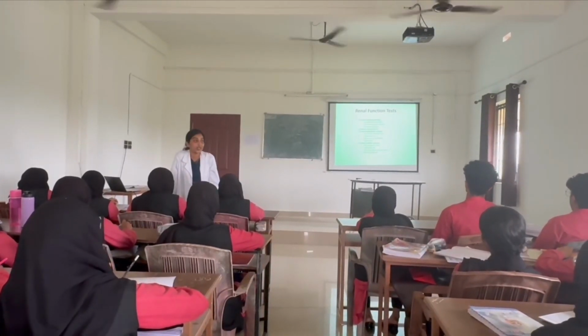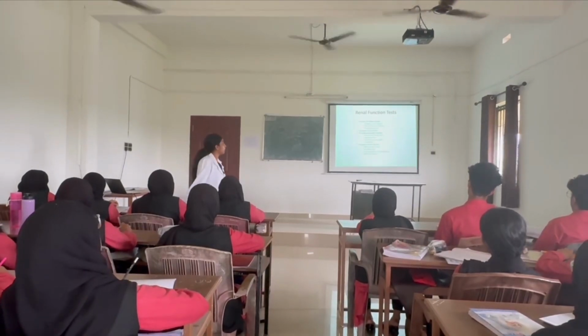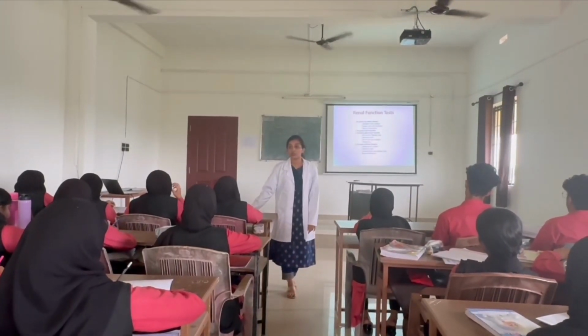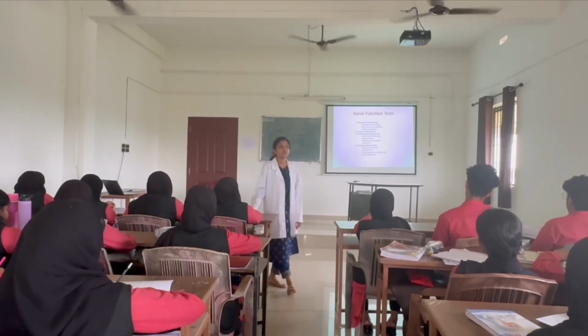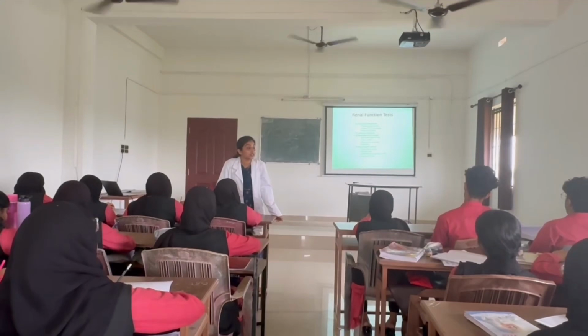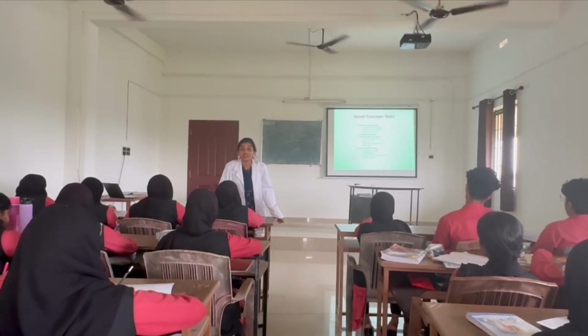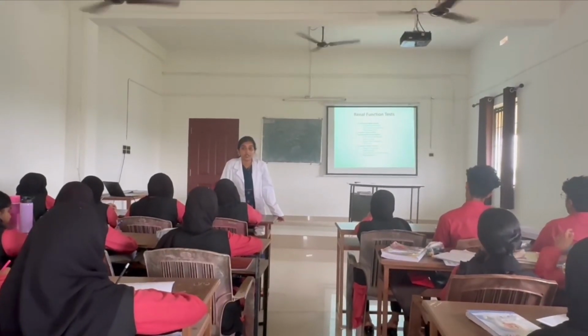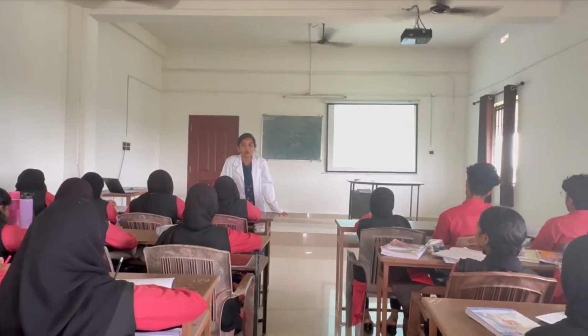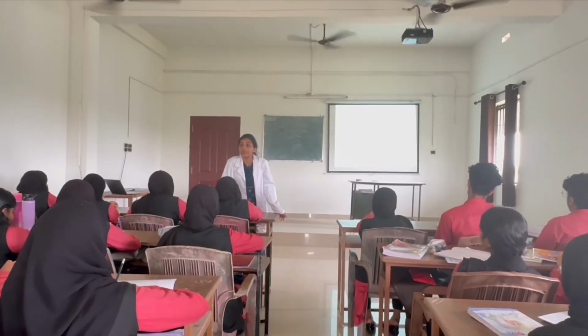The second one is plasma urea and creatinine. And the third is plasma electrolytes. These all come under screening for renal disease.